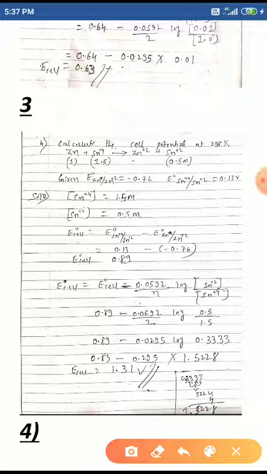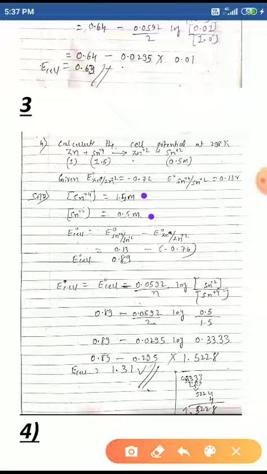So E naught of zinc by zinc ion is equal to minus 0.76. E naught of tin ion by tin is 0.13 volt. The tin plus 4 concentration is 1.5 molarity. Tin plus 2 concentration is 0.5 molarity.